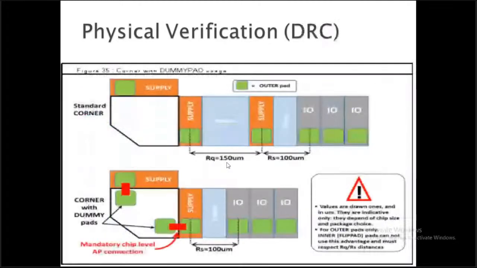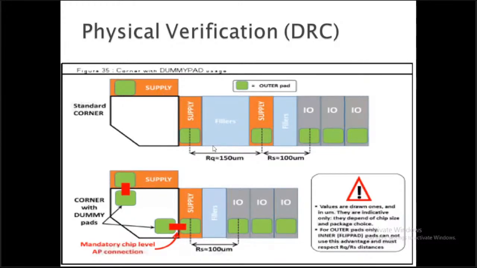And the second one is DRC. In DRC we check the width of whatever we are plotting here. Let's say we have given some supply or put some fillers in the middle of that. Those should be proper, meaning it is according to the fab or not. So what is DRC basically?